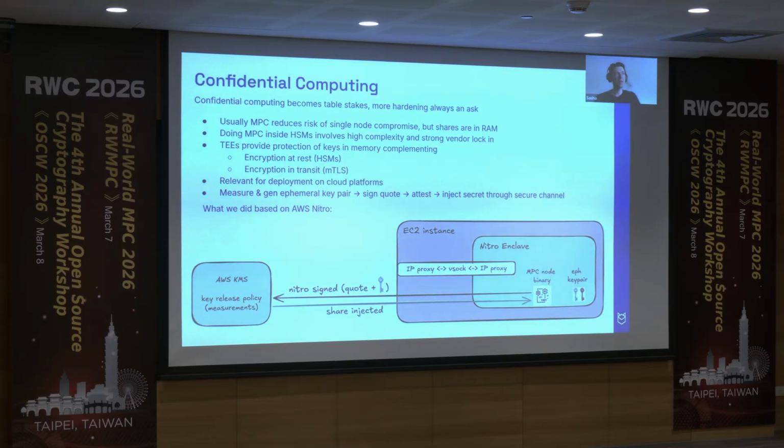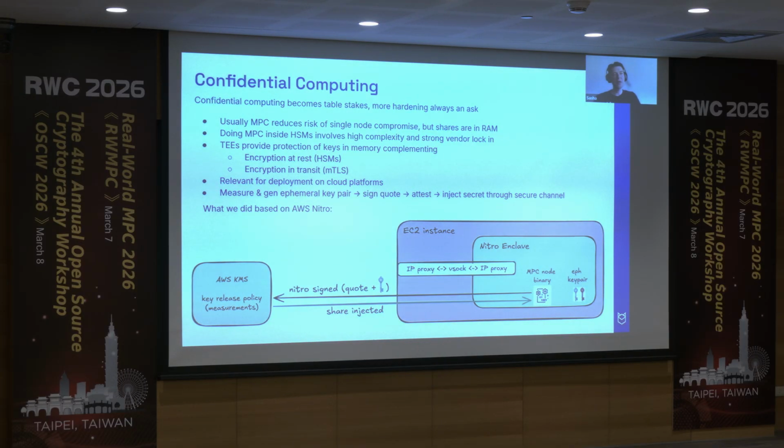So, encryption at rest is provided by HSMs, and encryption in transit is usually provided by MTLS. And it's actually very flexible because as of today, many cloud service providers provide some form of confidential computing stacks.